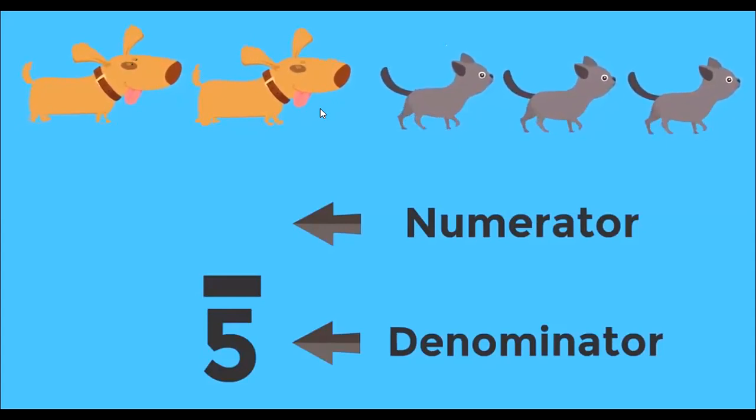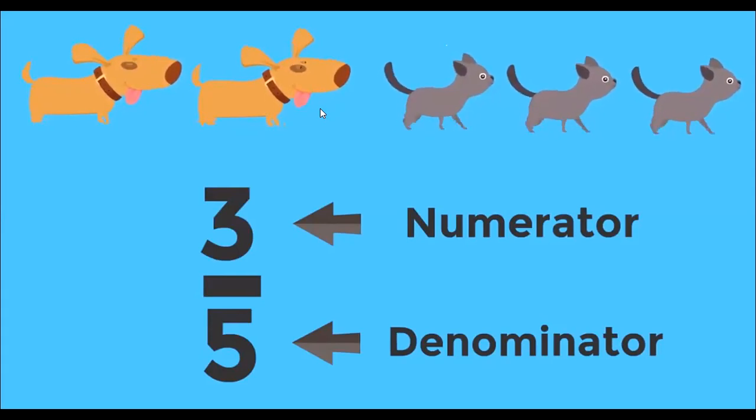How many cats are there? Yeah, 3. So what's the numerator? Yeah, 3. 3 is the numerator. 3/5 of the pets are cats. Wow, that was so cool.